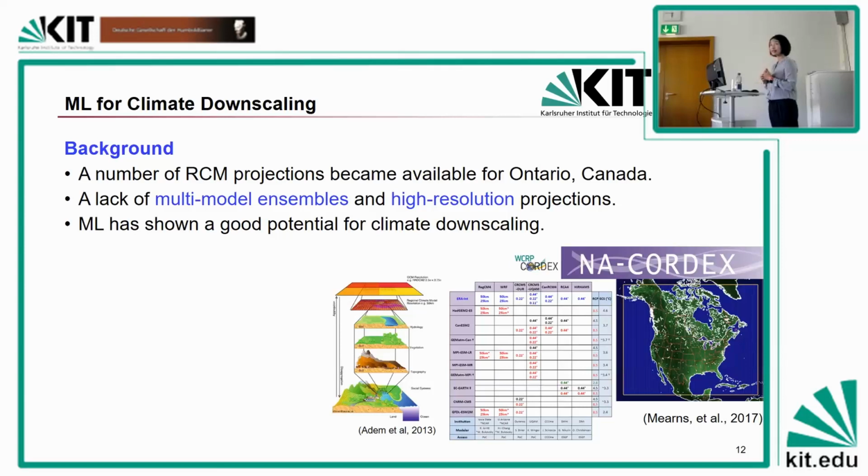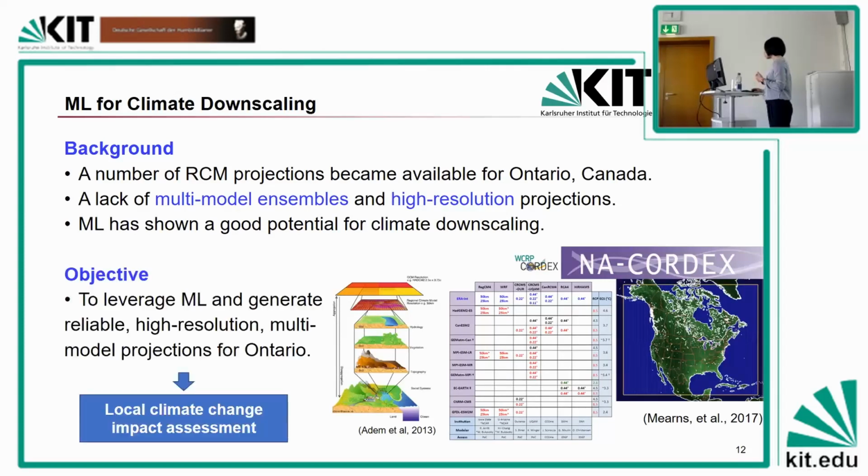And back at that time, machine learning started to show a potential for climate downscaling. So we started the work with the hope that we can leverage machine learning and generate high resolution and reliable climate projections just for Ontario, and then later we can use it for local impact assessment.